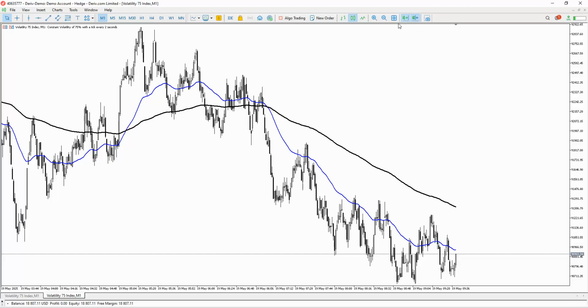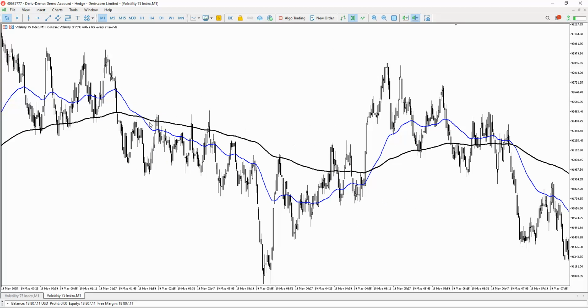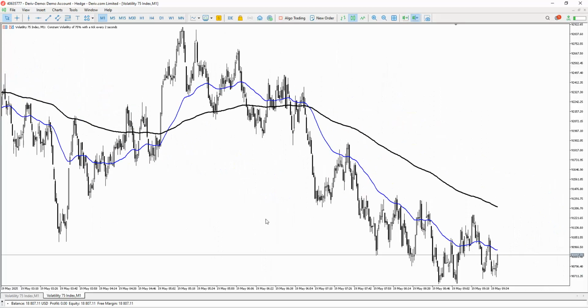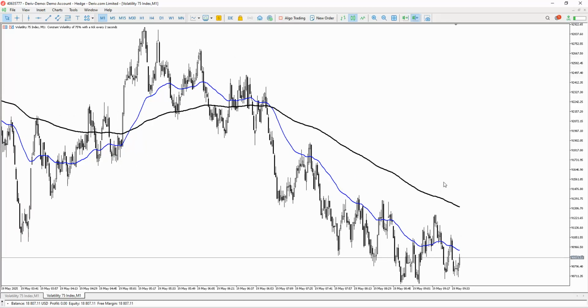Let me remove auto scroll. The first trade I placed was $10. The next trade I placed was with $20. So today I've already made $30 and this is still around 10:30 in the morning, so I'm still looking out for the next trade, which will also be $20.